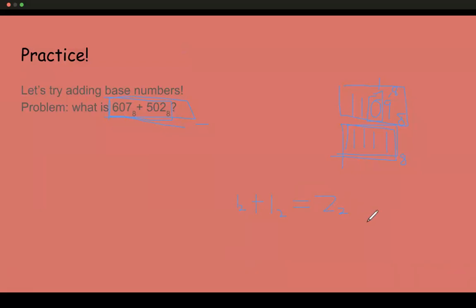But remember that 2 cannot exist in base 2, because no matter what base you're dealing with, the largest single digit has to be smaller than the base.